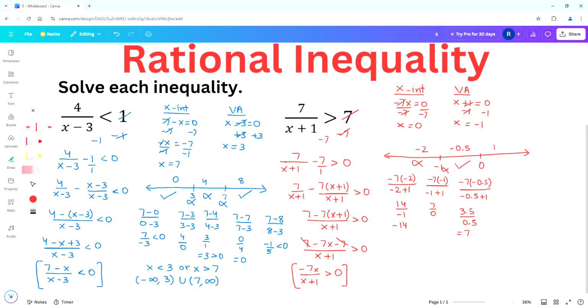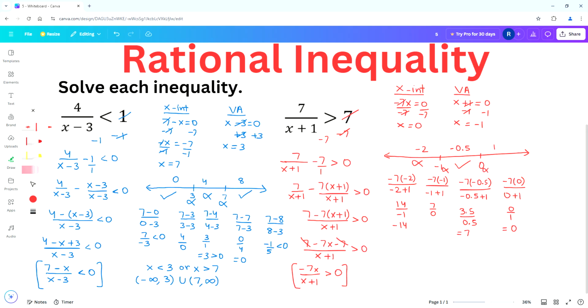Next, we can use the x value 0. I get 0, but we are looking for x values for which -7x over x plus 1 is greater than 0. So x equals 0 does not work.